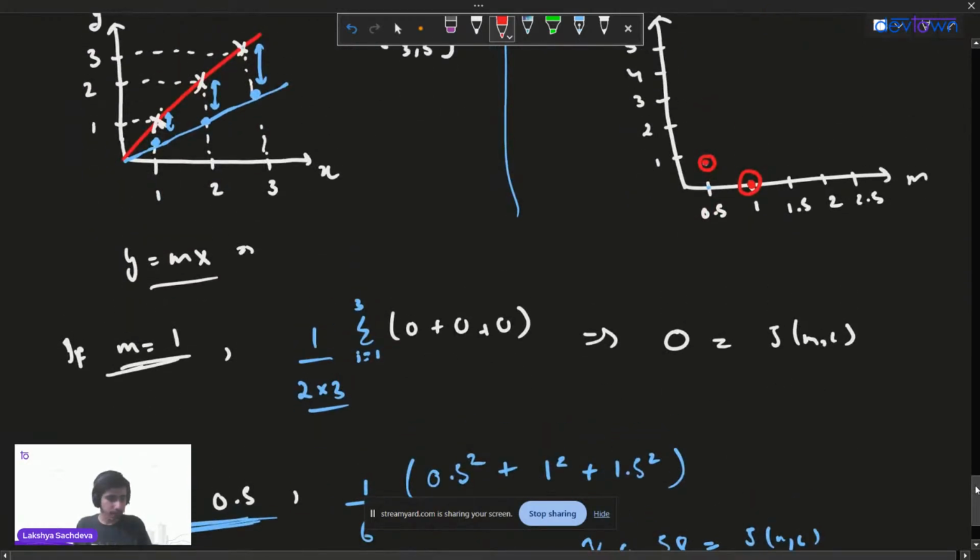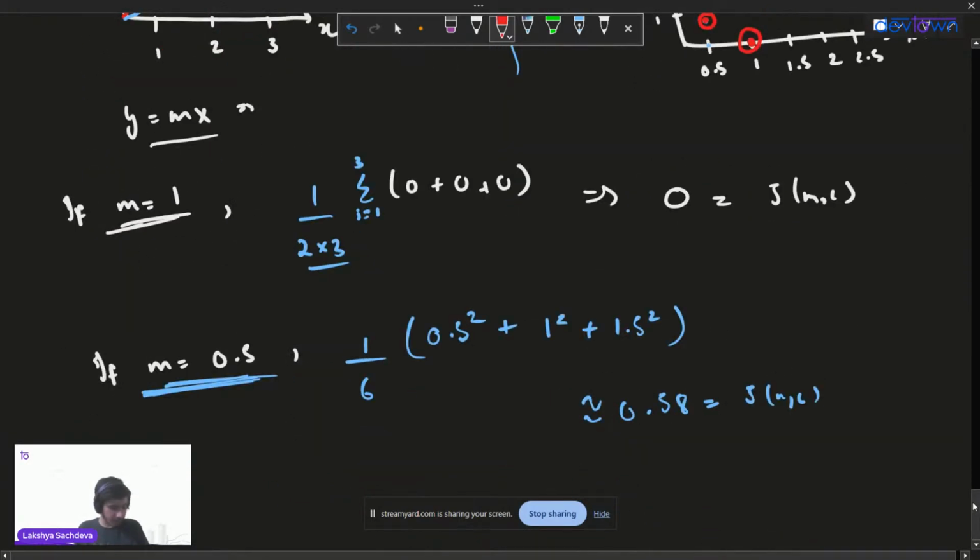Till now everything is clear, guys? With the help of the best fit line, how are we plotting the cost function? Is this clear?